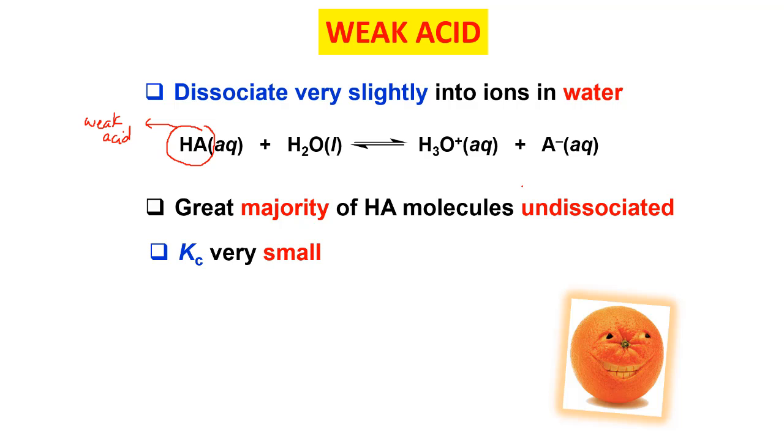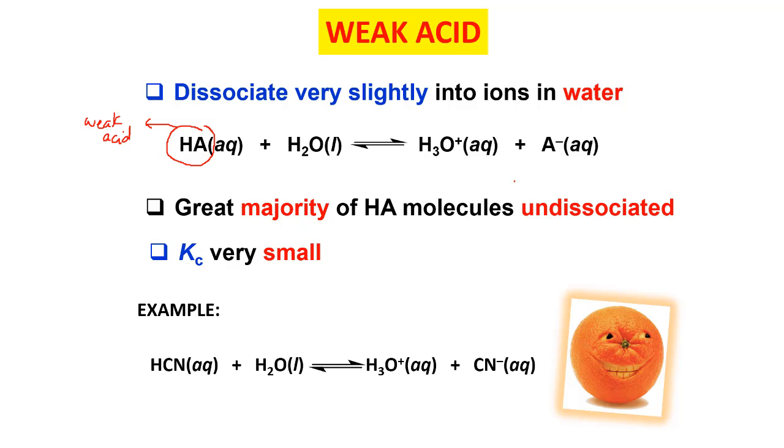Alright. And the value of Kc is very small for weak acid. Okay, example, you can see here. Hydrocyanic acid, HCN. Okay, aqueous. Since disebabkan dia adalah weak acid. Maka kalau kita lihat definition, weak acid adalah substance that dissociate ataupun acid that dissociate very slightly into ions in water. Okay.